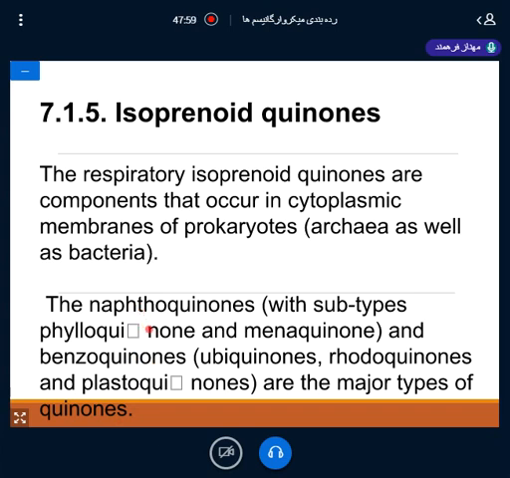I read it one more time. Naphthoquinones are divided into phylloquinone and menaquinone. Benzoquinone is divided into ubiquinone and rhodoquinone, and plastoquinone, are the major types of quinones.